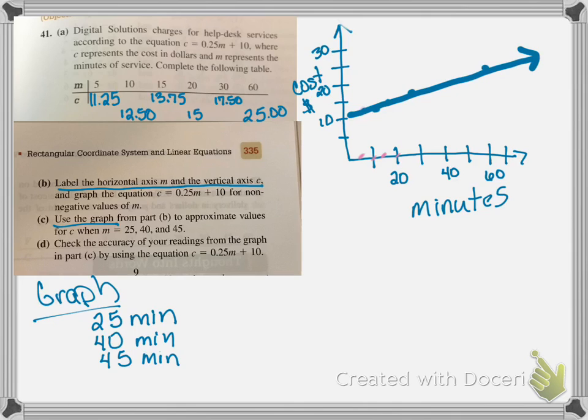And 25 minutes is about right here. Okay? So, am I above 15 at 25 minutes? Barely. Barely. So what would be a reasonable approximation for 25 minutes? 16. Okay? 16.